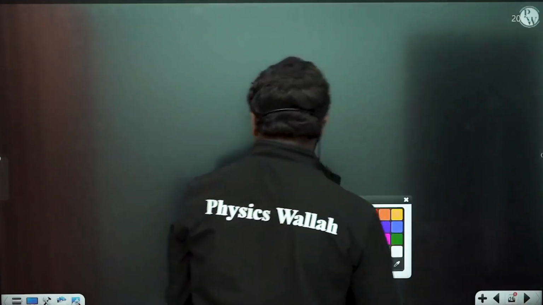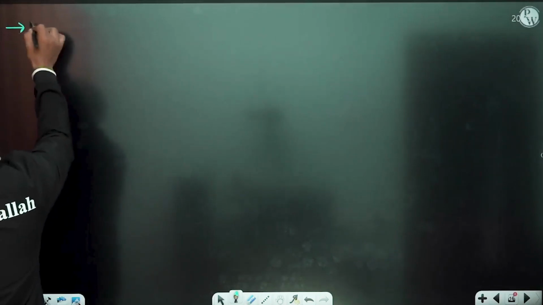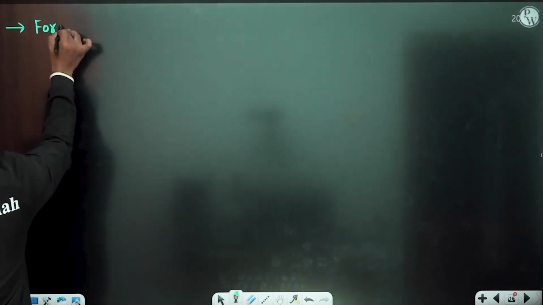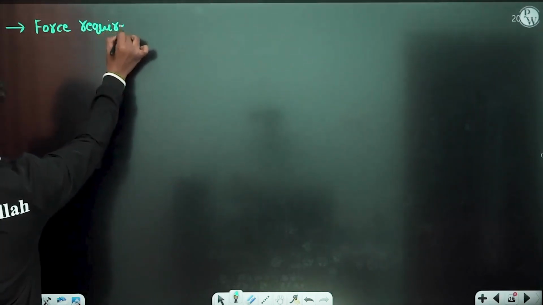So see here, normally the force required by firefighters to hold the nozzle.